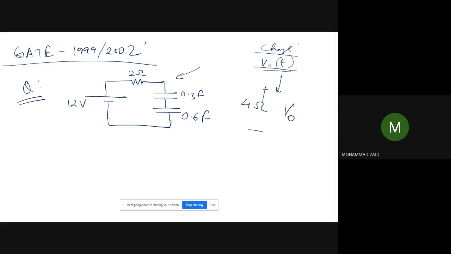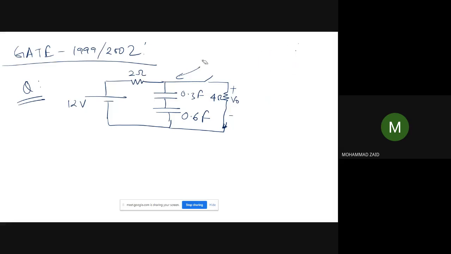Finally, it was connected to this 4 ohm load resistance, and then we need to find V naught. What is V naught? Can you find it? We need to find the expression for V naught.